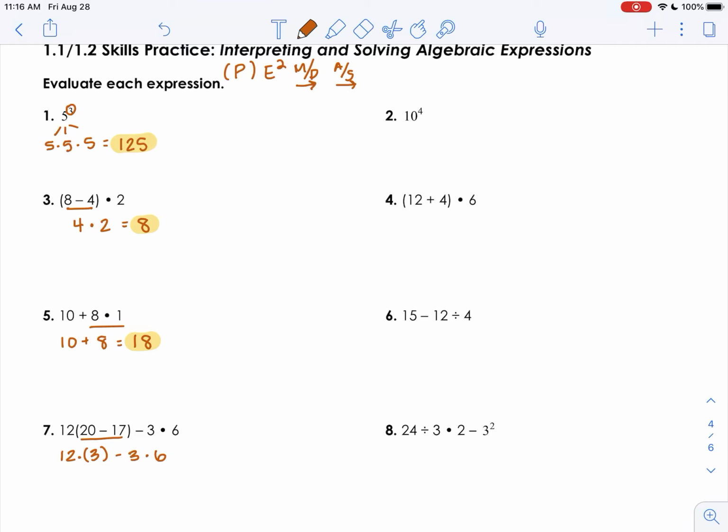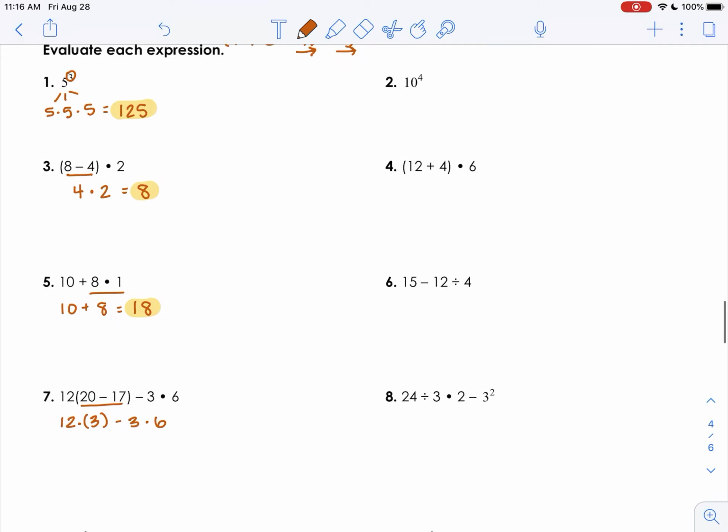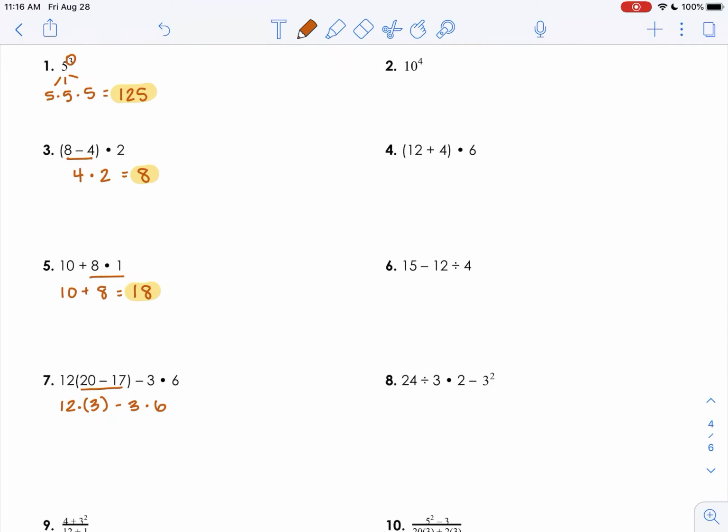There are no exponents, so we're going to move on to multiplication and division, and we're going to work from left to right. So first I'm going to do 12 times 3. 12 times 3 is 36, and I'm going to drop down minus 3 times 6. I still need to multiply 3 times 6. That is 18, so I have 36 minus 18. 36 minus 18 is 18.